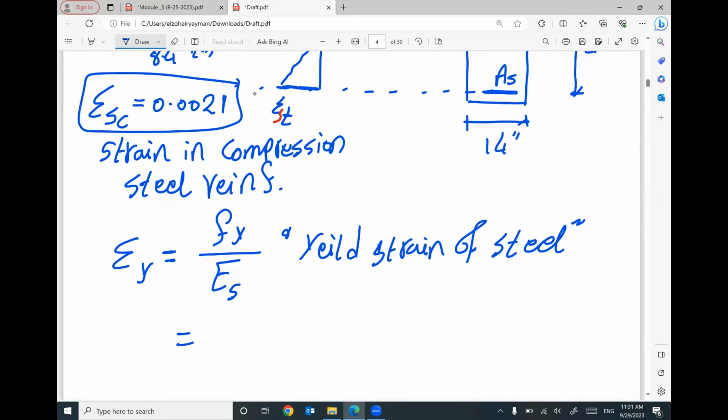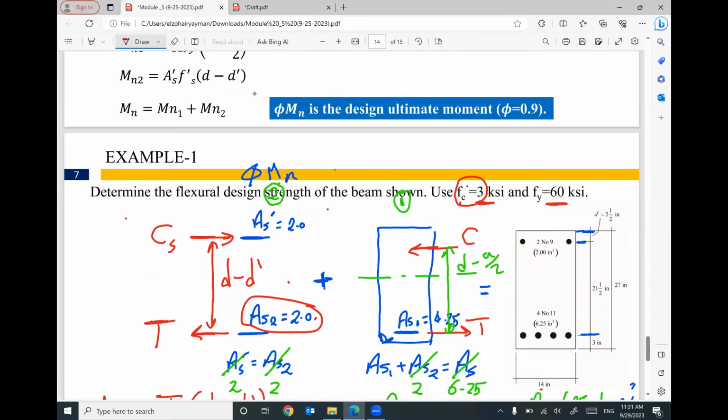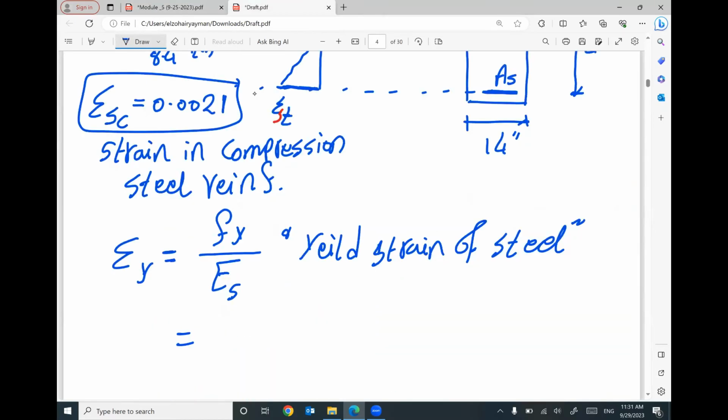In this problem, F yield is given as 60 ksi and E steel equals 30,000 ksi. If you divide this number by this number, you will get 0.002.